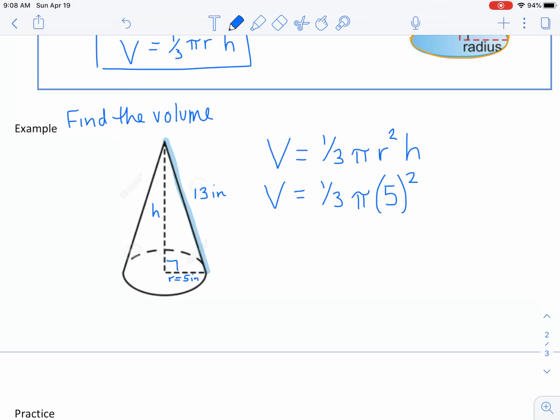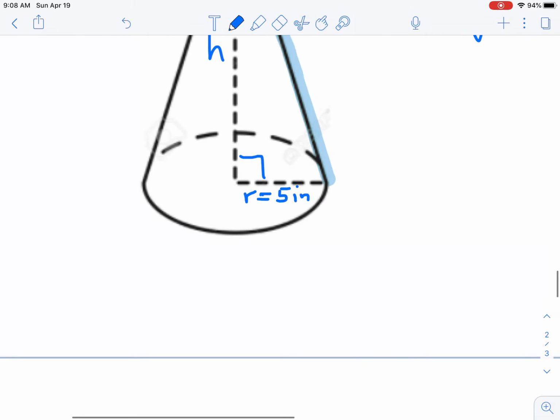Well, this should be a right triangle, and I know 2 sides of a right triangle. So, hopefully you're thinking Pythagorean theorem. 13 squared equals 5 squared plus h squared. You can solve for the height, or you know that this is a Pythagorean triple if you've done enough practice with that, but you don't have to. So go ahead, find the height for me.